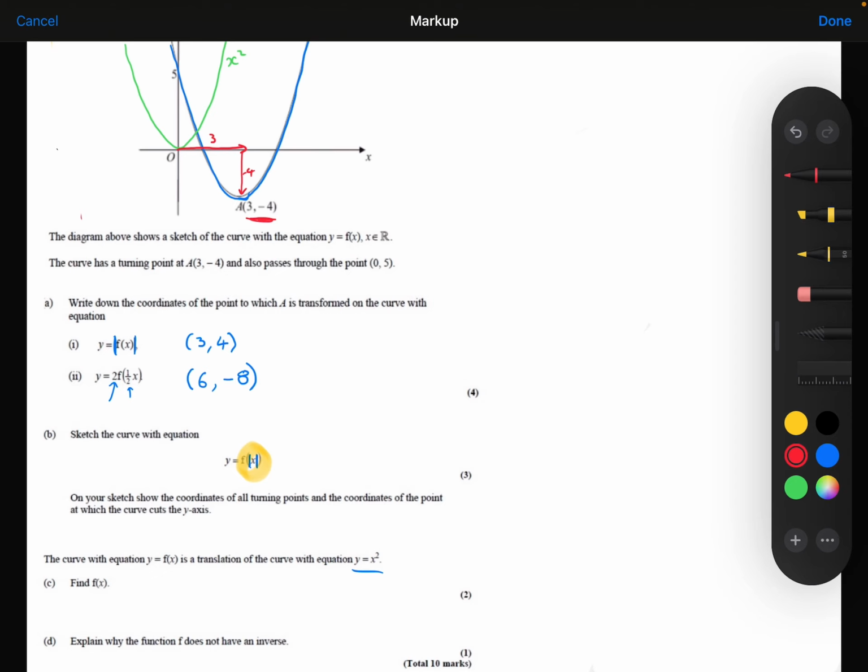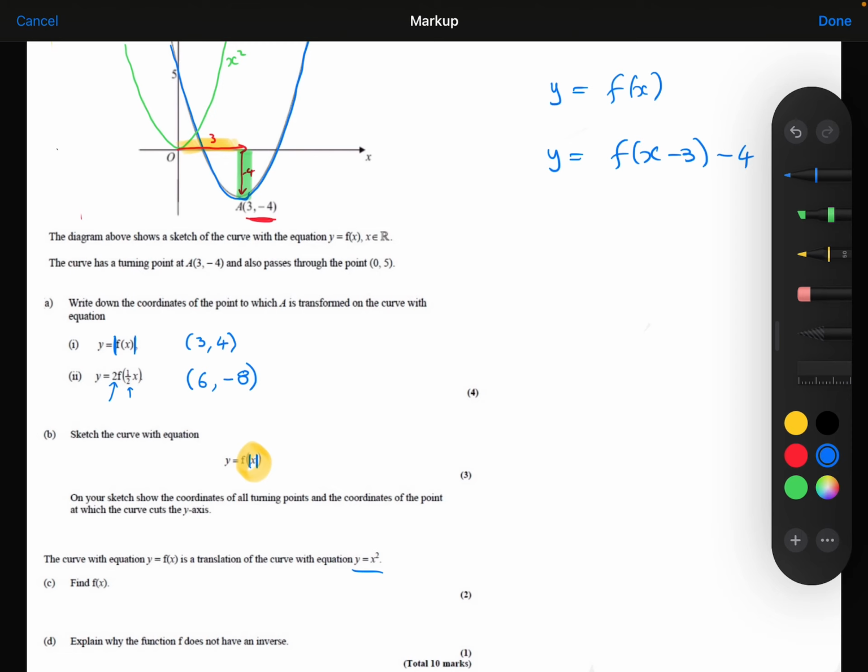So how I would represent that then: if the original function, let's just call it f of x for now, the translation of 3 in the positive x direction would be represented as f of x minus 3. And then the translation of -4 in the y direction would be represented like that.